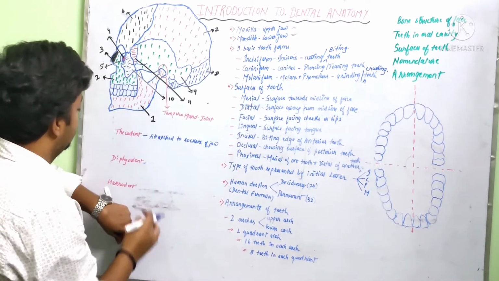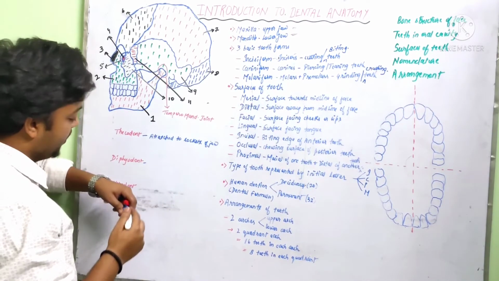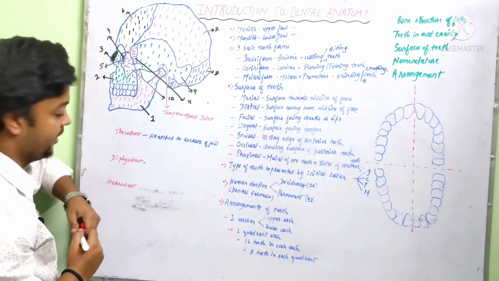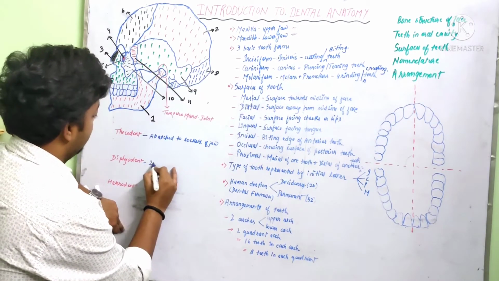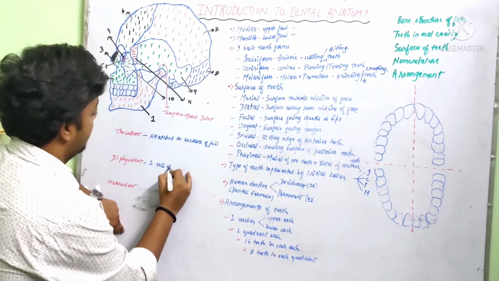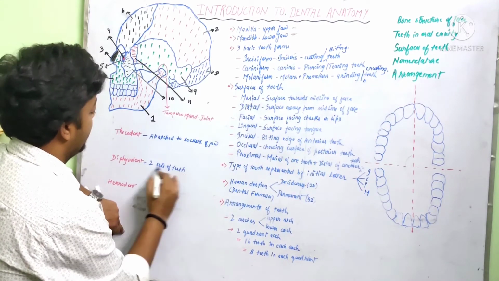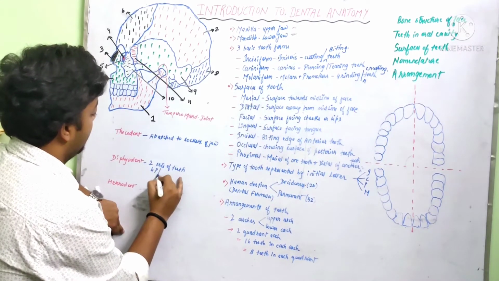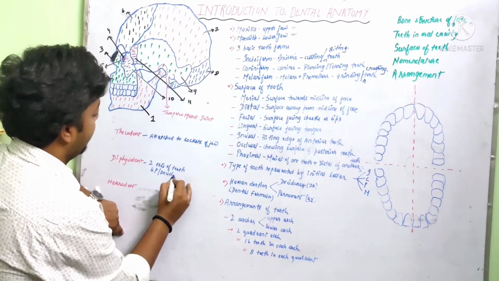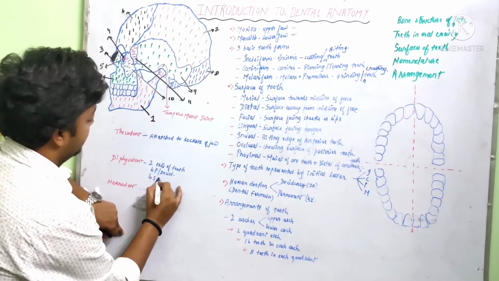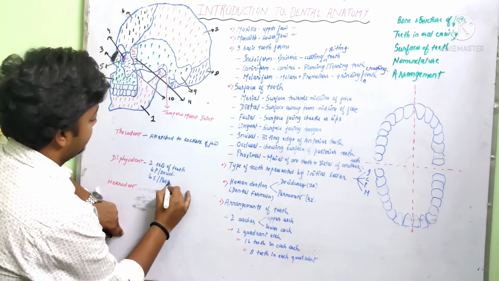of the jaw. Number second, diphyodont means that the human dentition specifically has two sets of teeth, right. So we can say that it means two sets of teeth, that is, we know one is the primary or deciduous, second is the secondary or permanent.